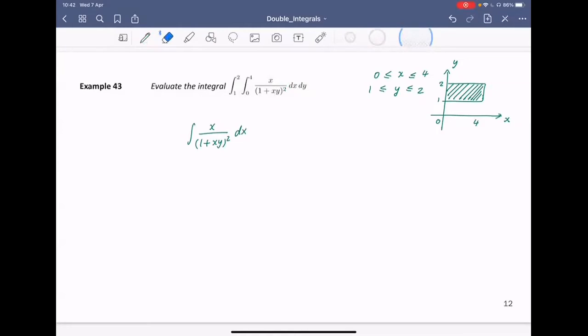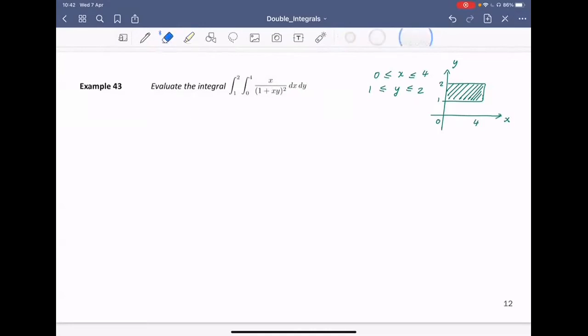It looks hard because I have x here, dx here. I have x on the denominator. I also have x on the numerator. There are 2 x's in the integrand. It looks like if you integrate with respect to y, it is a lot easier, right?